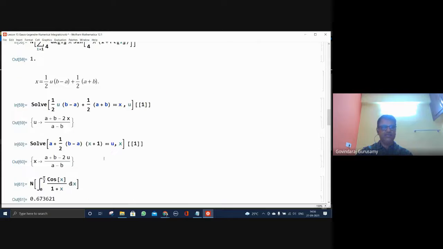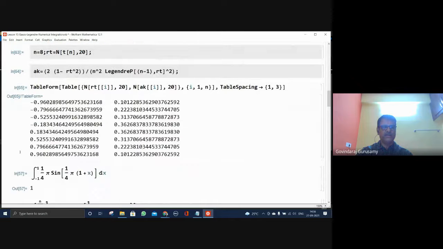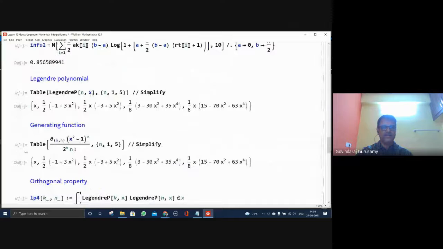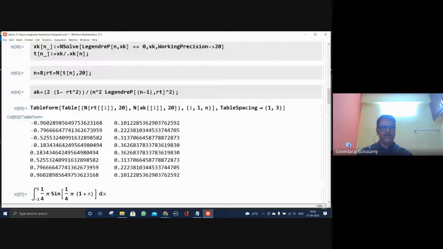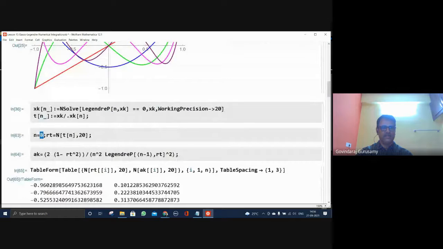I think we have used the Legendre polynomial of order 8. With that, just make a change here, substitute and confirm it. That's right. With this, you are able to get the accuracy that has been given, 0.85658, 659.